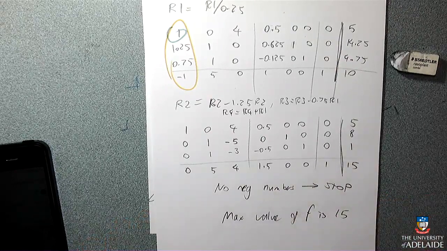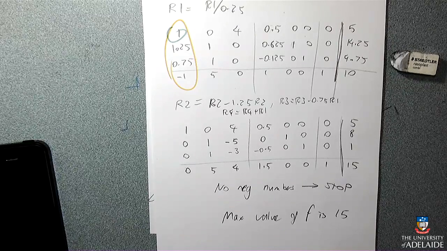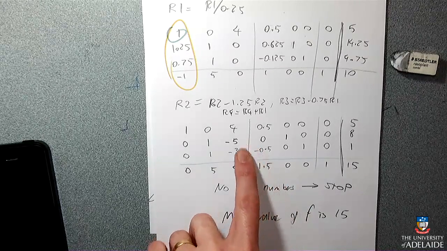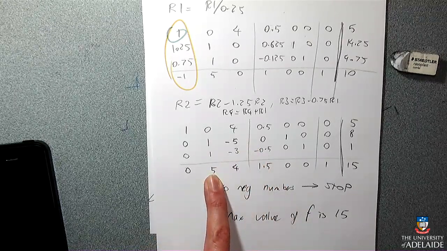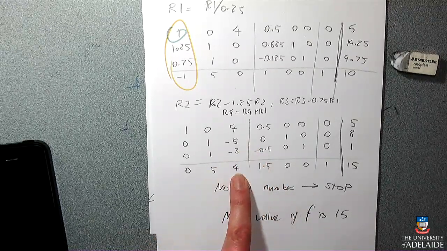Does it tell me when that happens? Okay. So this is saying that 5 and 4x1s.